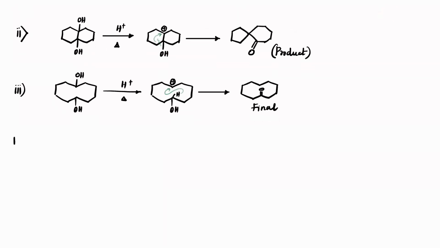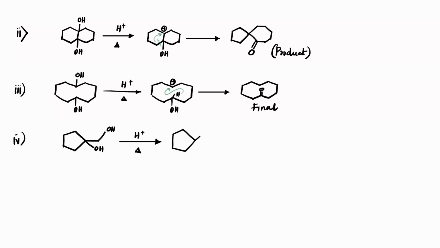Fourth case, suppose I have one OH on this end, one OH on this end. Obviously getting a positive charge on the outward carbon would be beneficial because directly getting a positive charge on the ring is unstable.